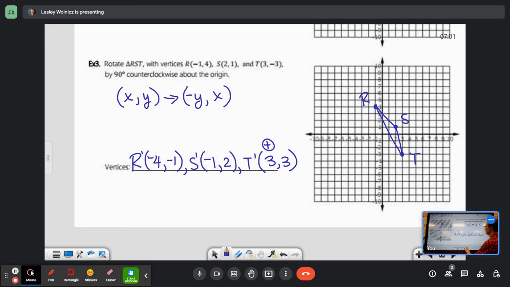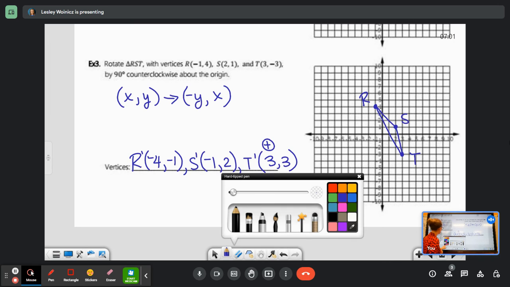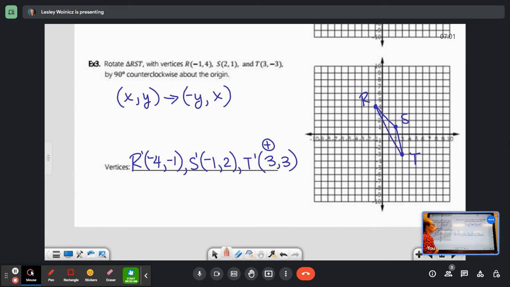Okay, let's plot our points. So negative 4, negative 1. Here is R prime, S prime, negative 1, positive 2. Get in there.